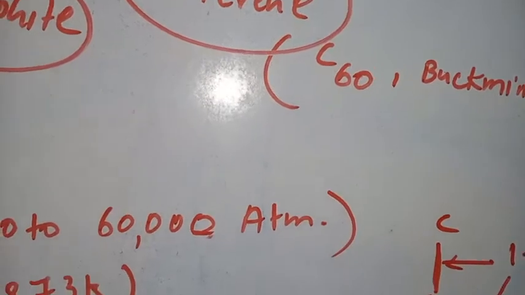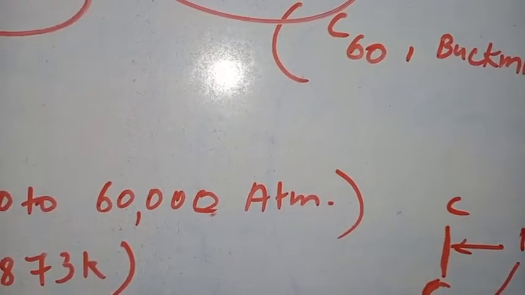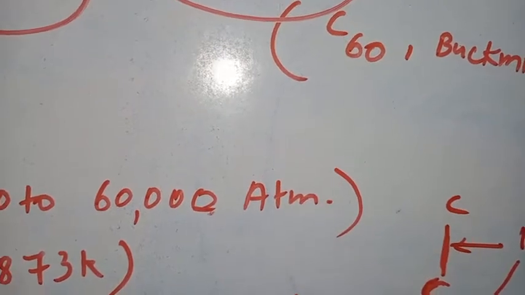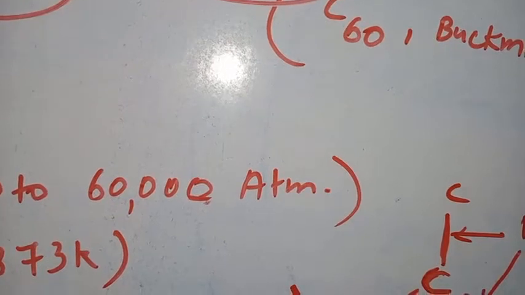So as I told you, each carbon atom is attached to 4 other carbon atoms, like this.